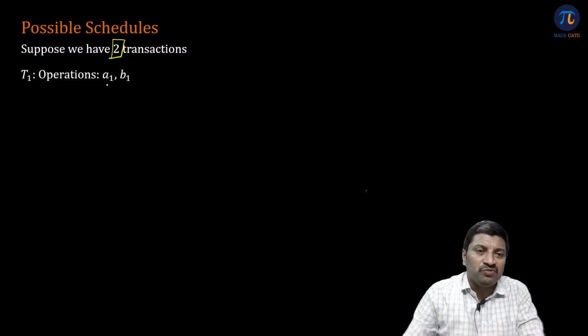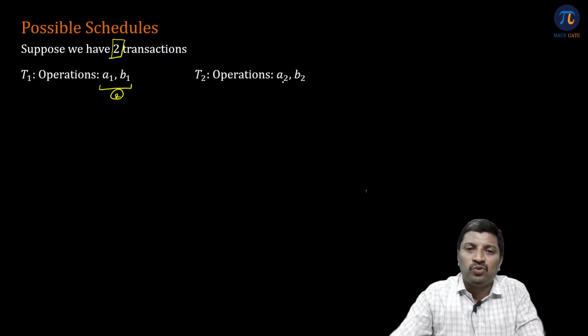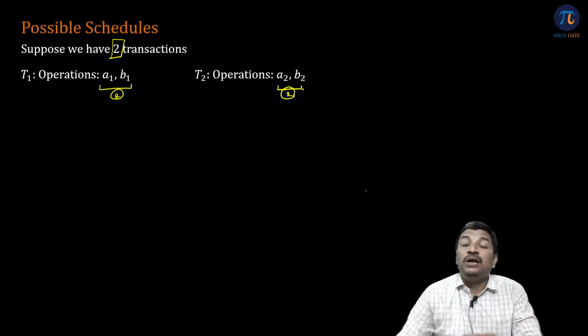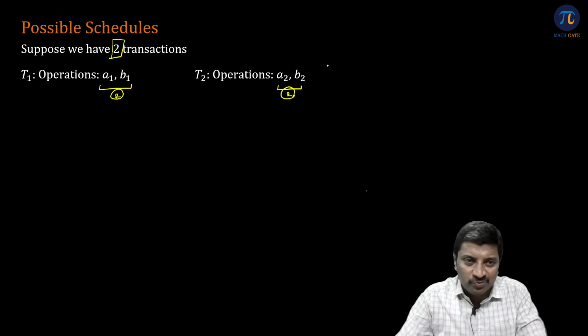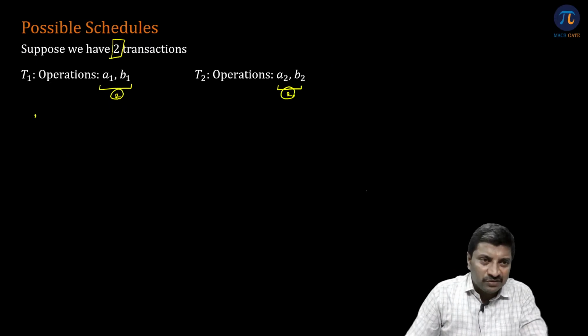Suppose T1 has only 2 operations, A1, B1. Similarly, T2 has 2 operations, A2, B2. Then how many schedules are possible? Right? So let me give it, sir.